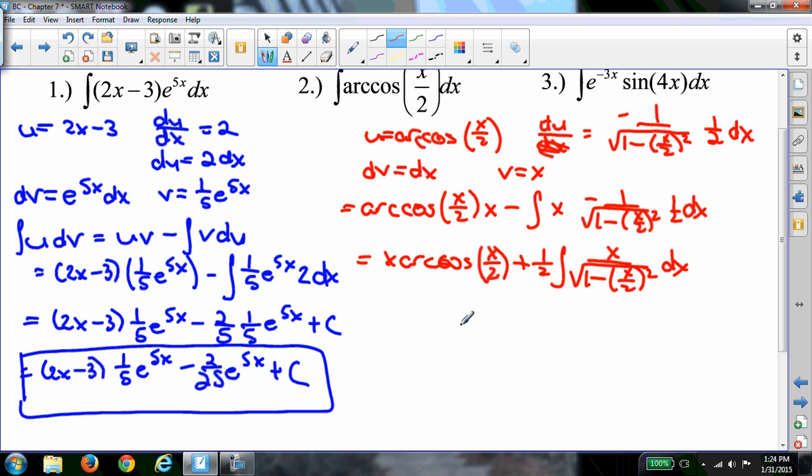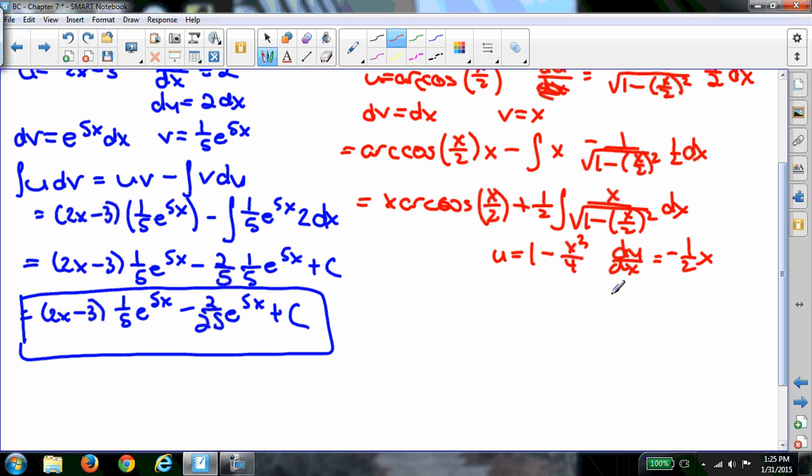Now we're going to go ahead and do a regular u substitution, because if we let u equal 1 minus x squared over 4, which is our radicand, then the derivative du dx equals negative 1/2 x. And notice I have an x in the numerator that I can then solve for.